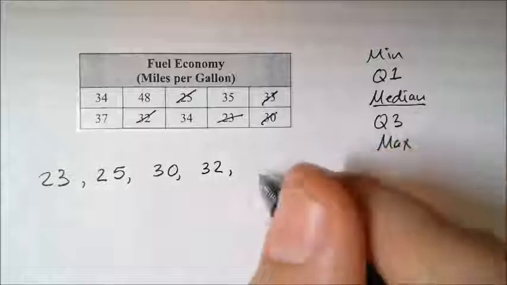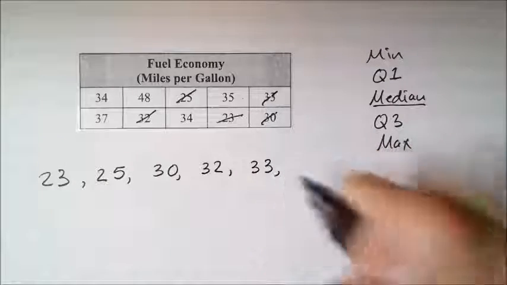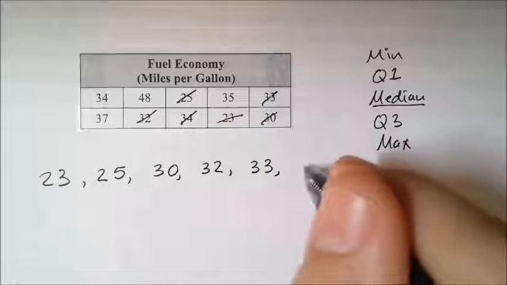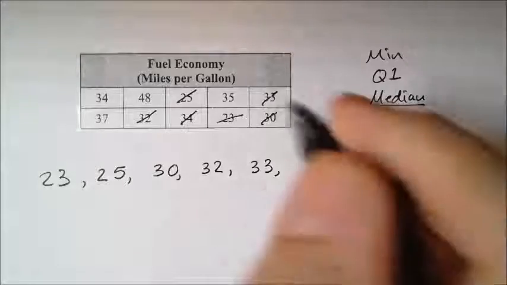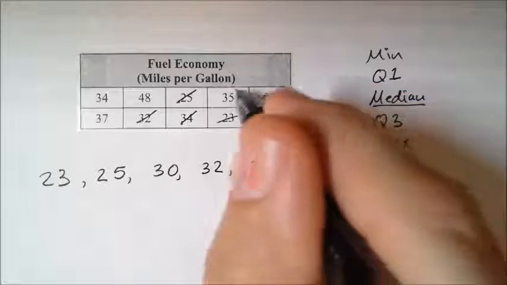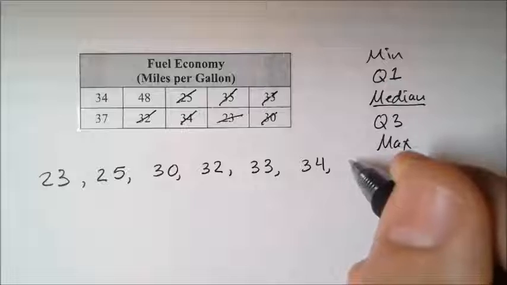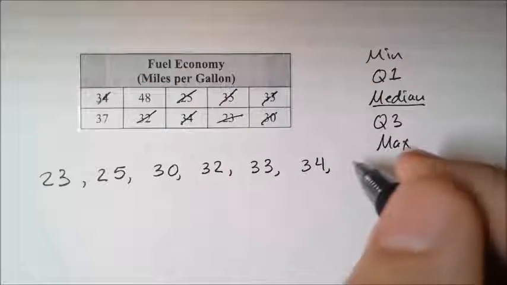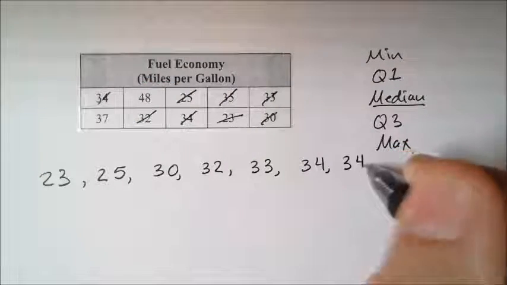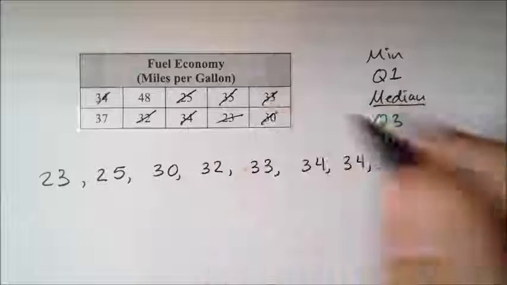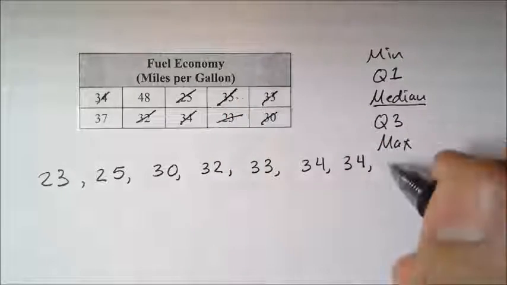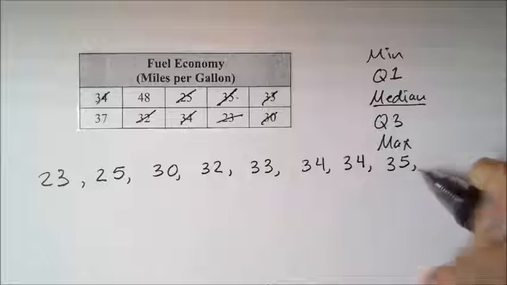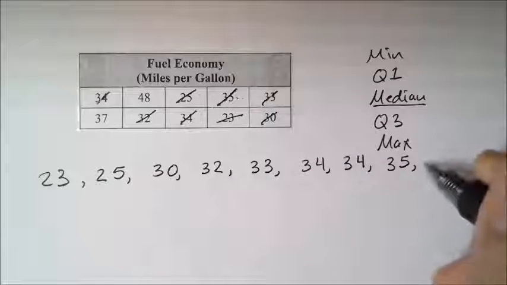Then we have 33, and 34. Then we have 34 again over here, so we have two 34s. And we had 35 that are marked off. And 37.